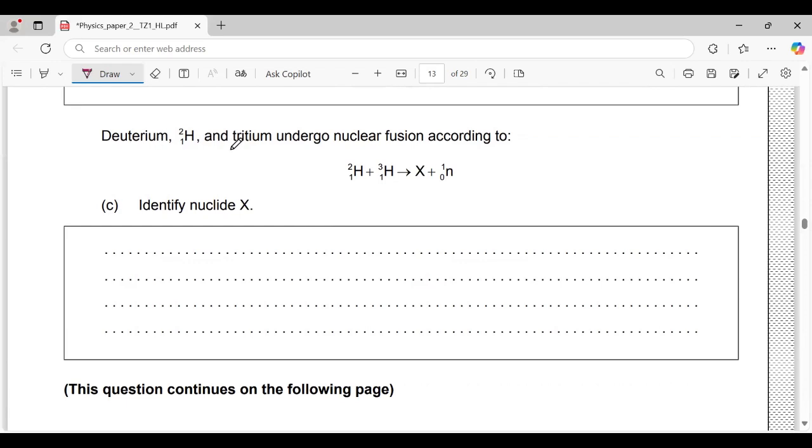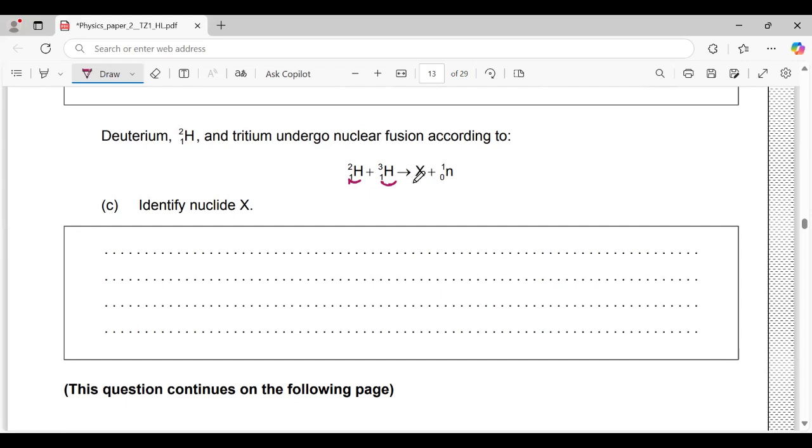Deuterium and tritium undergo nuclear fusion according to this reaction equation. Identify nuclide X. If you look at this reaction equation, this is the deuterium, hydrogen 2, and this is the tritium, hydrogen 3.